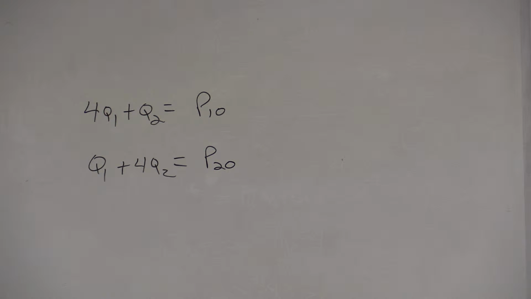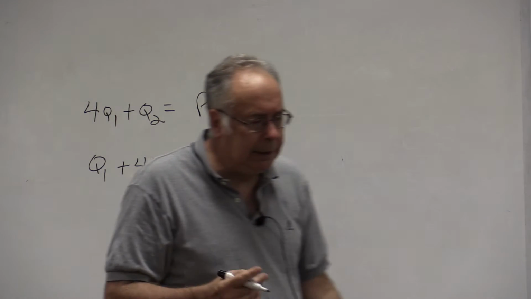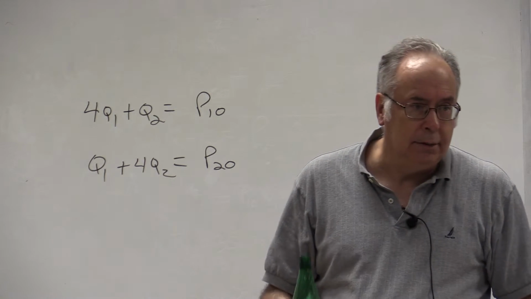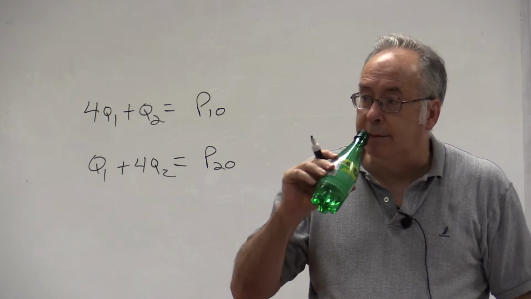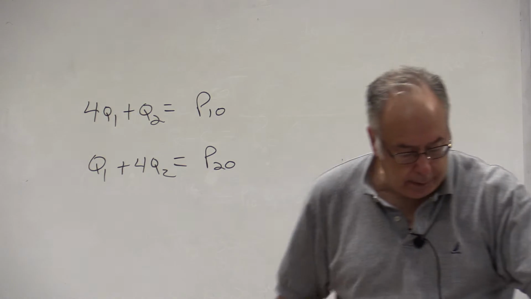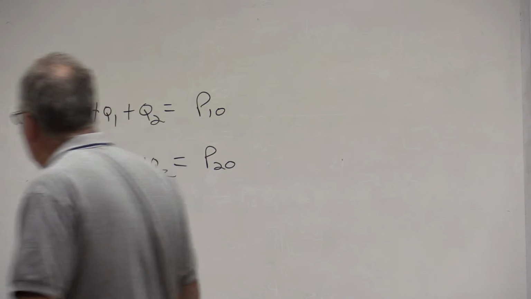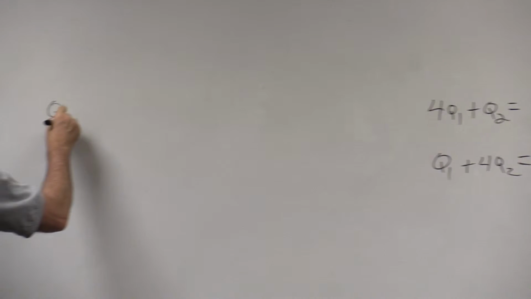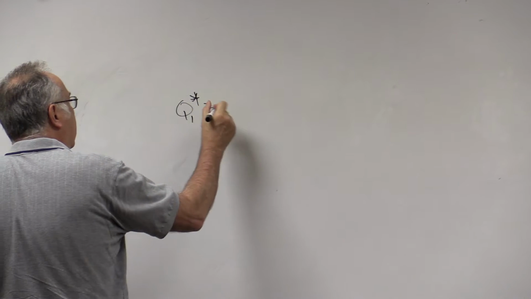We could just use Cramer's rule again to solve for Q1 and Q2. And since we know that our objective function is strictly concave, these will be the values of Q1 and Q2 that generate the absolute maximum profit. Okay. So using Cramer's rule, Q1 star, the optimal value for Q1, would just be this.